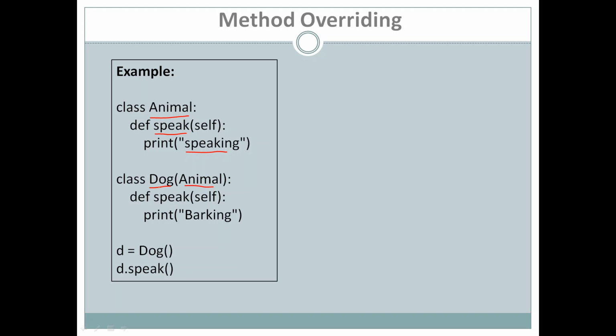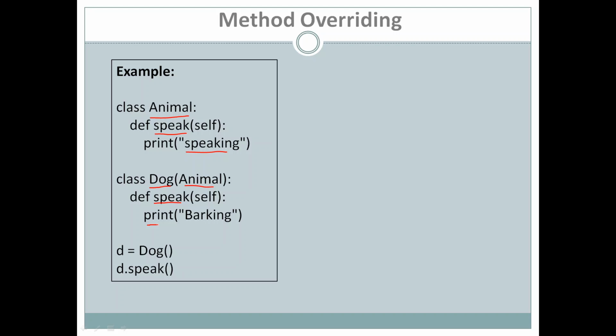But suppose the Dog class does not want the same implementation of speak as given in the parent class Animal. Then what can the Dog class do? The Dog class can redefine the speak method. Now you can see we have redefined the speak method here, and when we redefine the speak method in the child class, we call it method overriding.